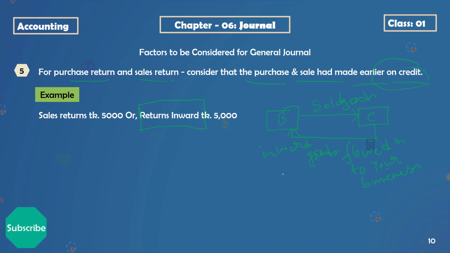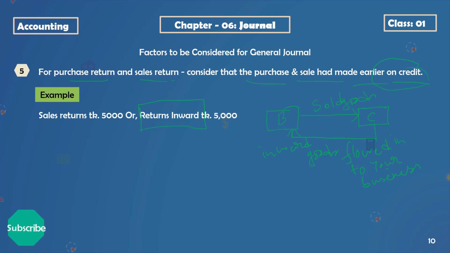Okay, so that means you sold goods and your customer returned them, and your goods inflowed into your business. So that's why returns inward is considered as sales return. Returns inward is considered as sales return. So here you have to consider the earlier transaction as a credit transaction.